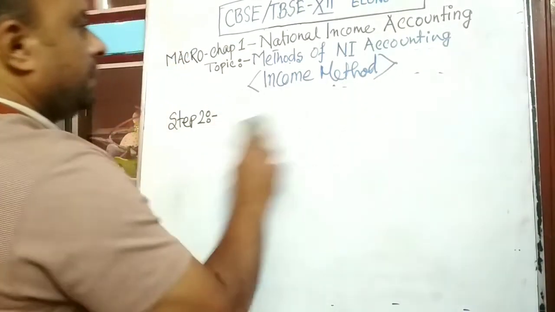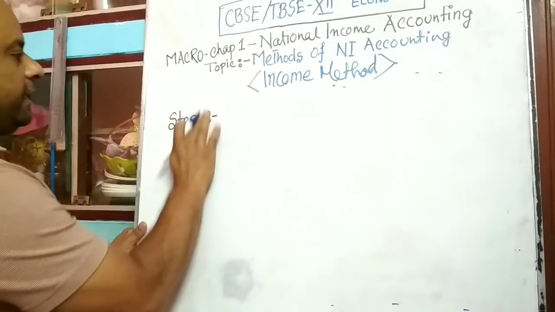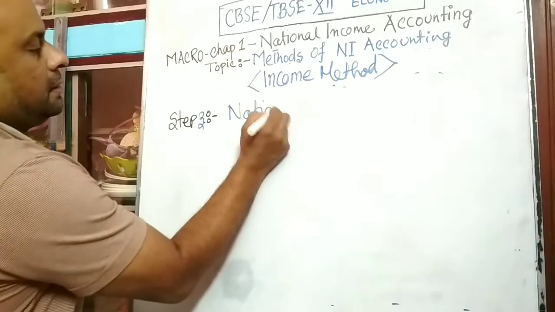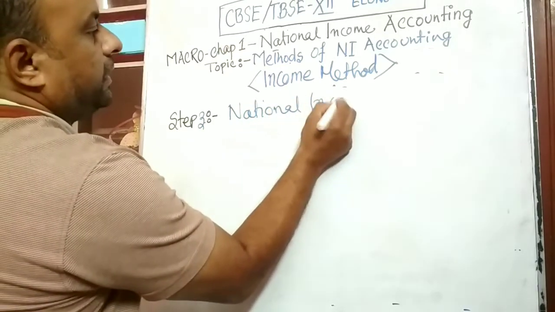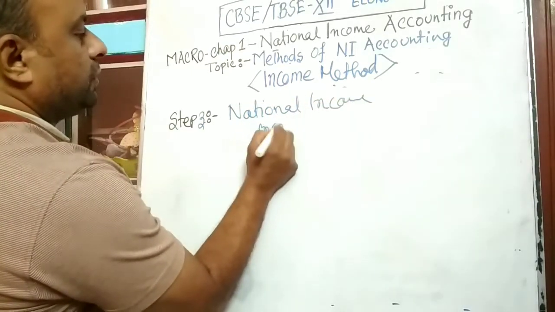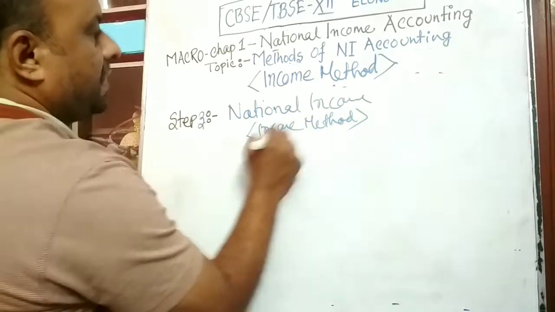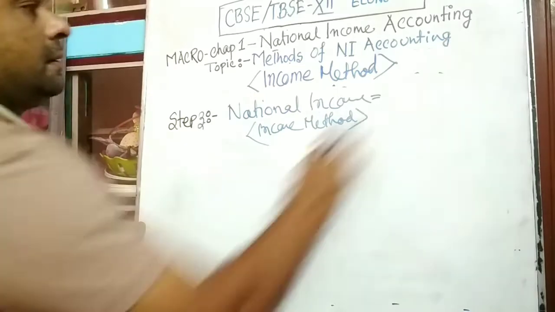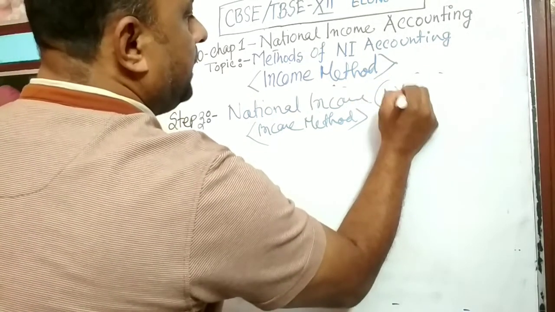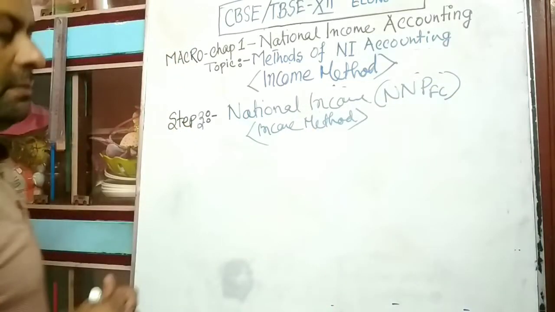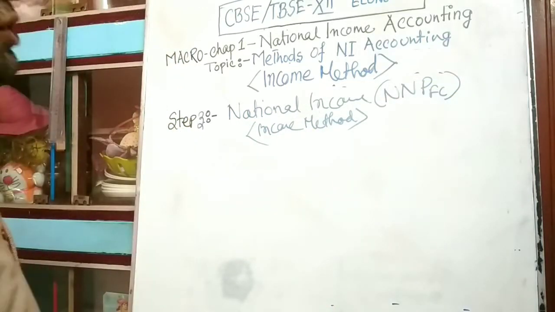In step 3, directly we calculate national income. National income by income method. National income term is NNP factor cost. If it is asked calculate national income, then we find NNP factor cost directly.